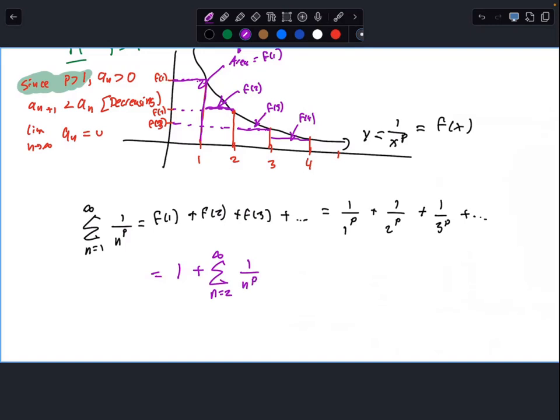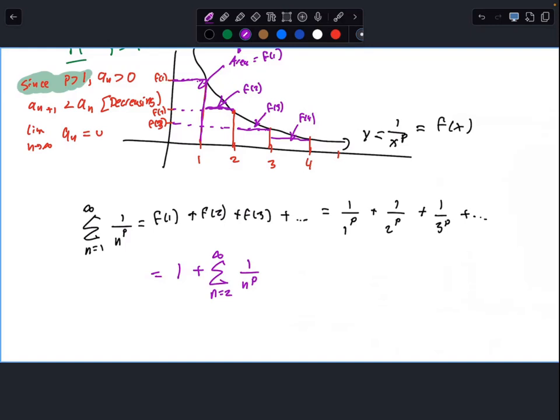So let's say we wanted to find the series from n equals 1 to infinity. That's going to be the same thing as the first term plus the series from the next term, 2, to infinity. If we were doing from 2 to infinity, we could break it up as 1 over 2 to the p, which is a known value, plus the series from 3 to infinity.